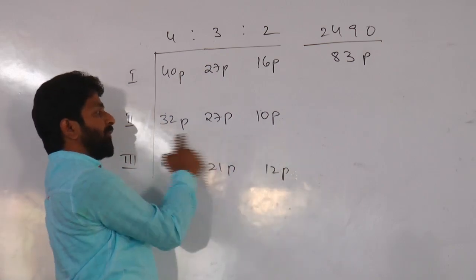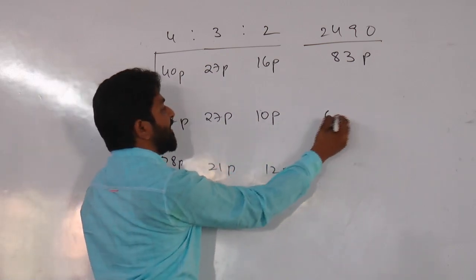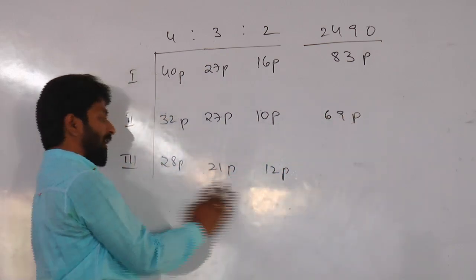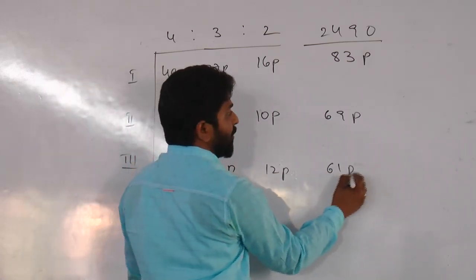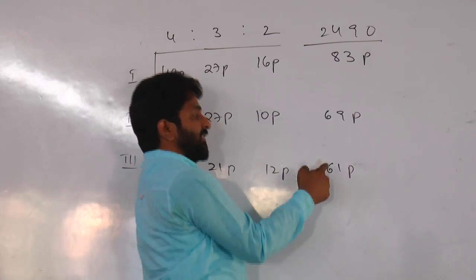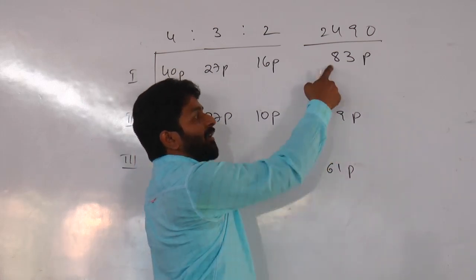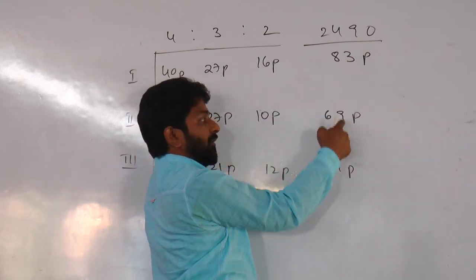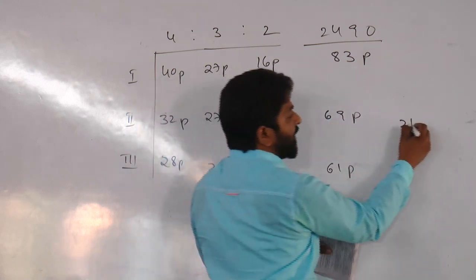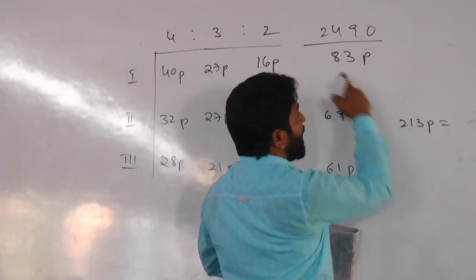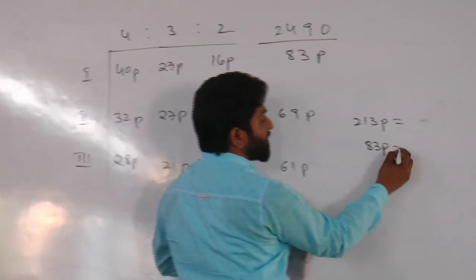Second day total number of units done 69. And last day 61 parts. Total number of parts done 213. So 213 parts is the total work done, and the first day is 83 parts.